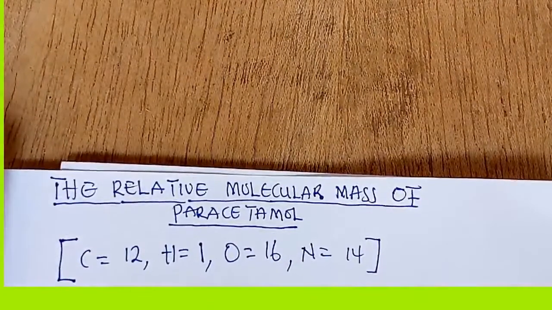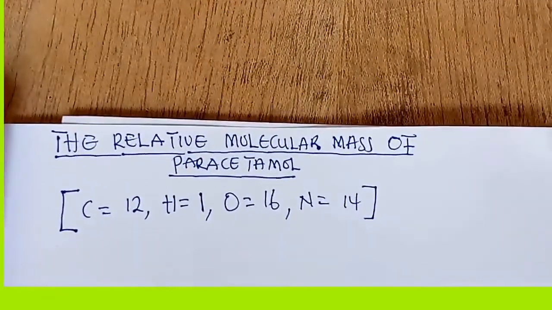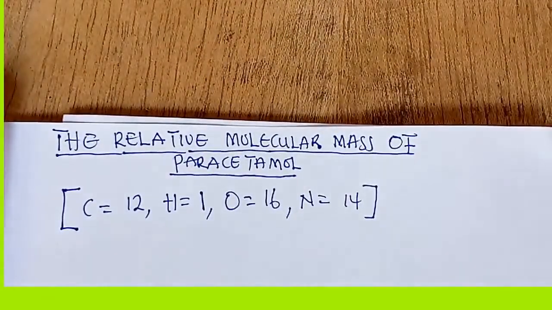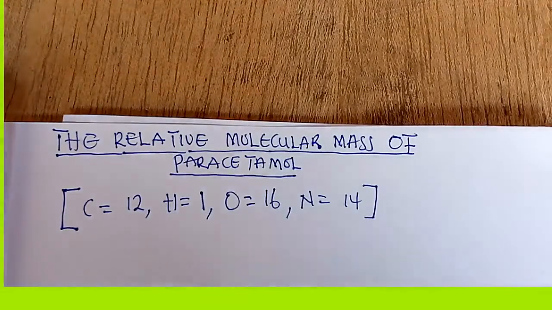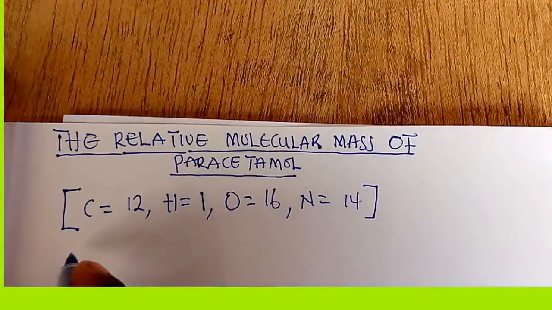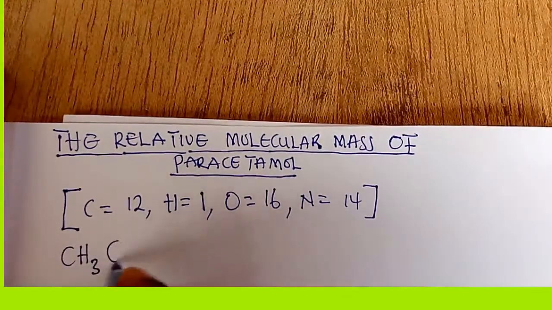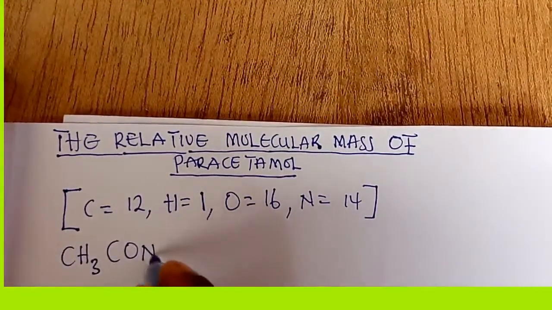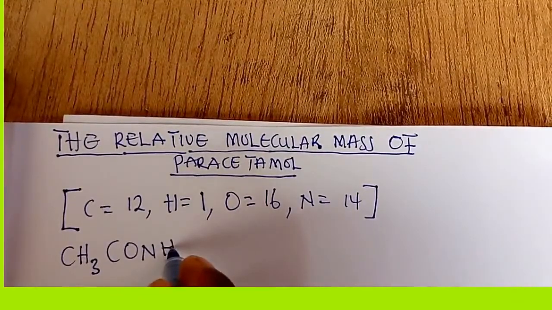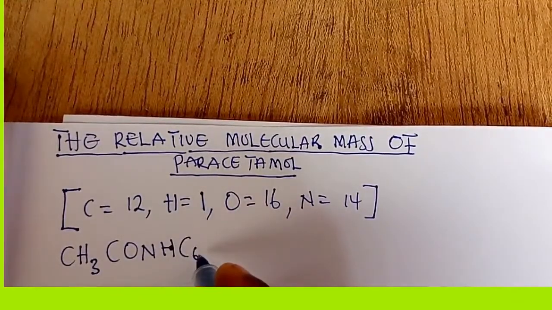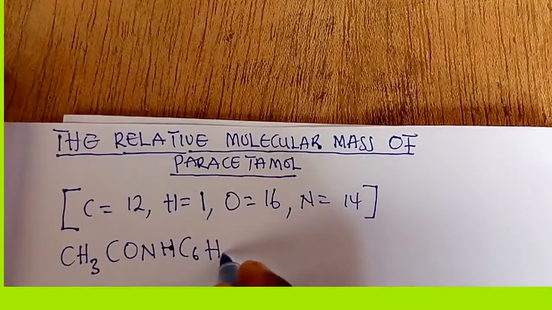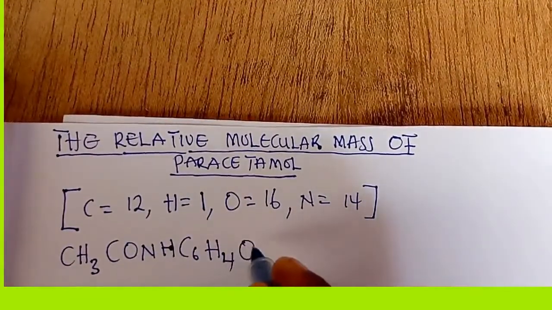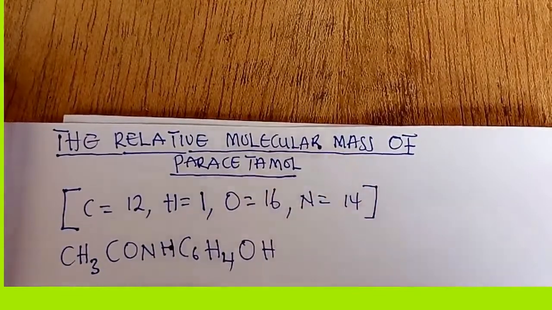We have nitrogen equal to 14. Okay, so somebody's waiting: what is the chemical formula for paracetamol? Paracetamol has a formula like this: CH3CONH C6H4OH.